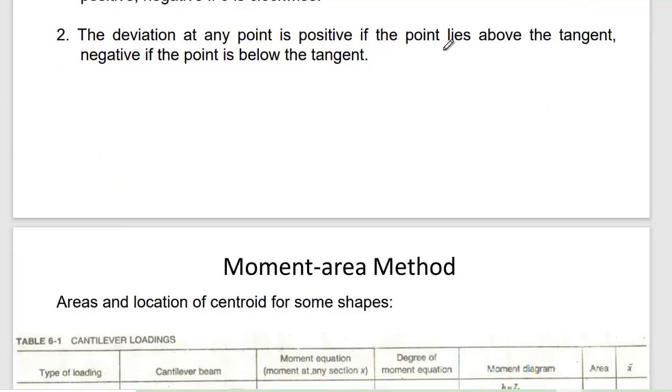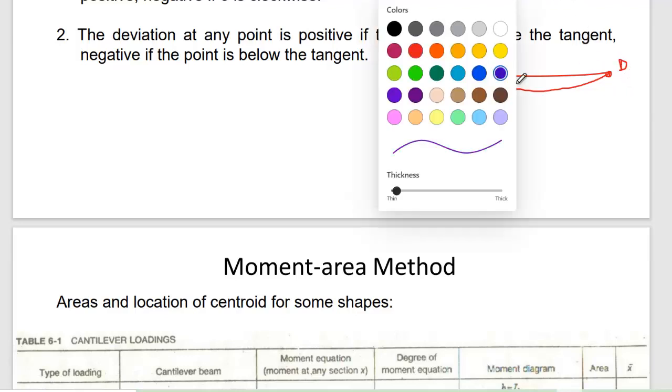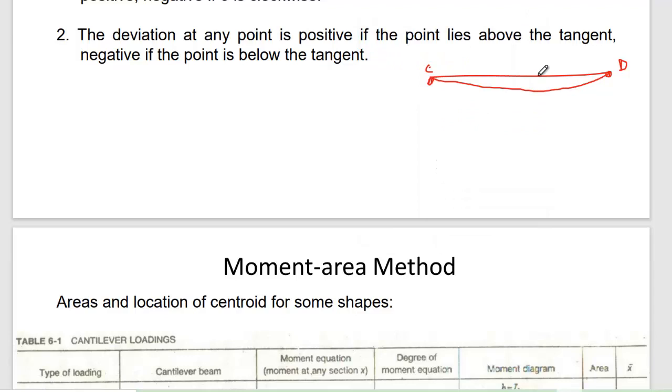Just to clarify, suppose this is the beam. Okay, maybe the elastic curve is like that. Okay, so you consider one point here, you consider one point here. So this is your C point, this is your D point. But I want to know the deflection of point B, that is your del B, right?